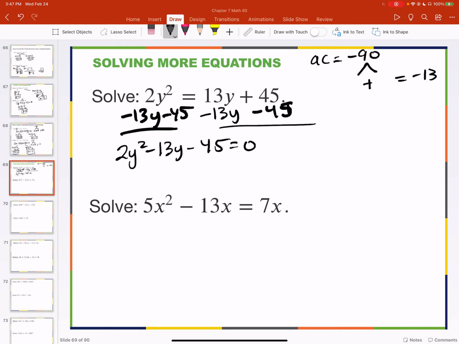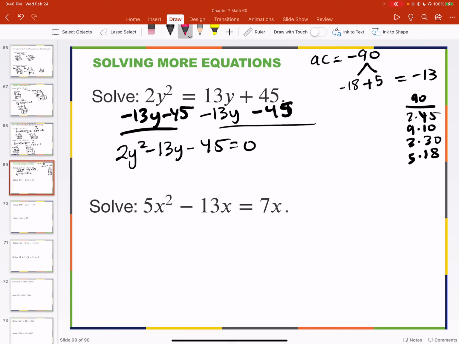Let me just write that out here to the side: 2 times 45, 9 times 10, 3 times 30. One has to be negative and one has to be positive, so it's going to be a difference. And 5 times 18, so it would be negative 18 and a positive 5.